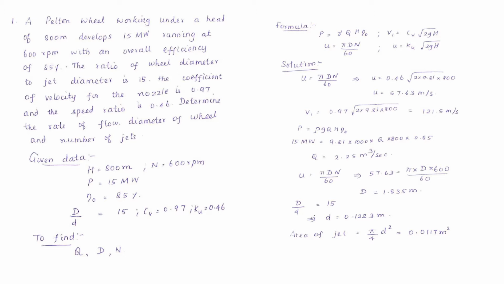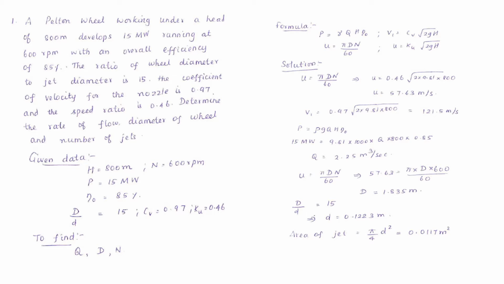So P is equal to rho g, that is gamma, Q, H into eta O. We all understood? By substituting the value of power, rho g, H and eta O, you will get what is Q. Next one is diameter of the wheel.